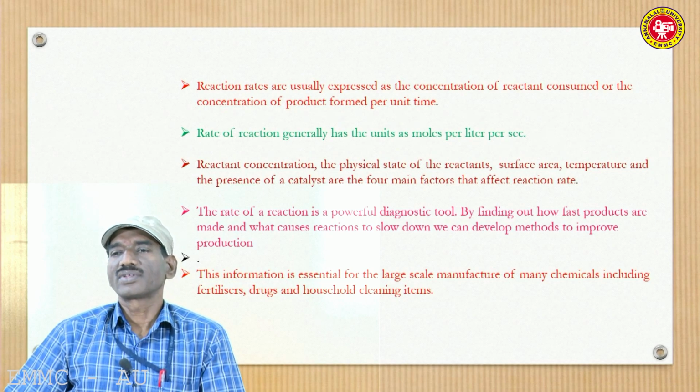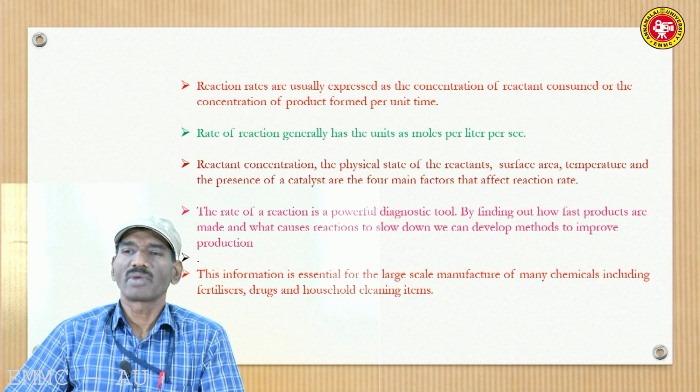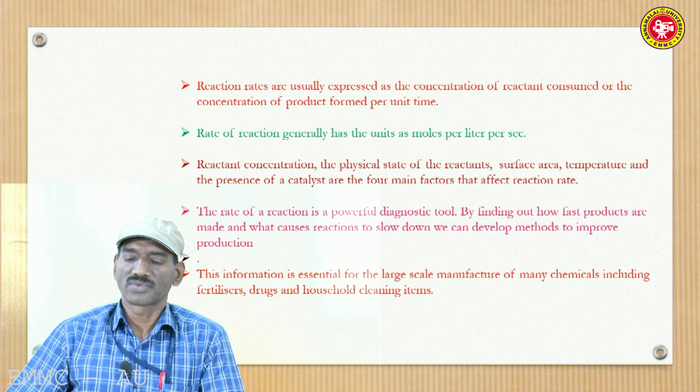The rate of reaction is a powerful diagnostic tool: by finding out how fast products are made and what causes the reactions to slow down, we can develop methods to improve production. This information is essential for the large scale manufacture of many chemicals including fertilizers, drugs and household cleaning items.